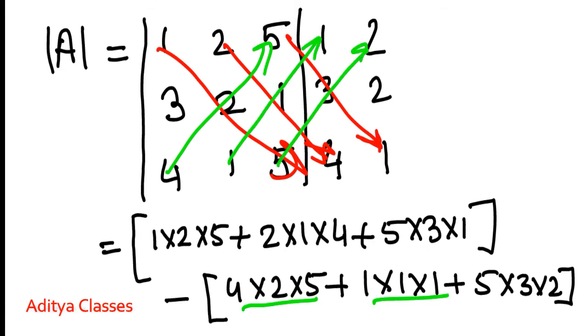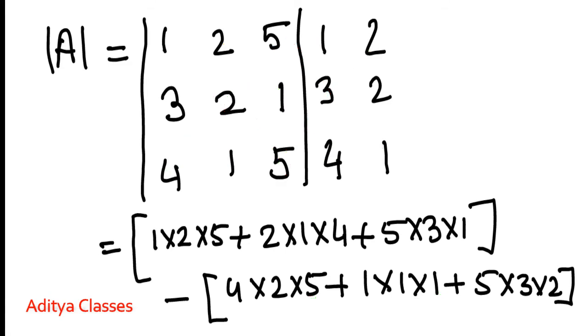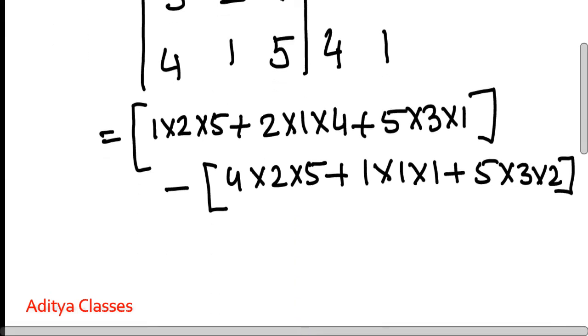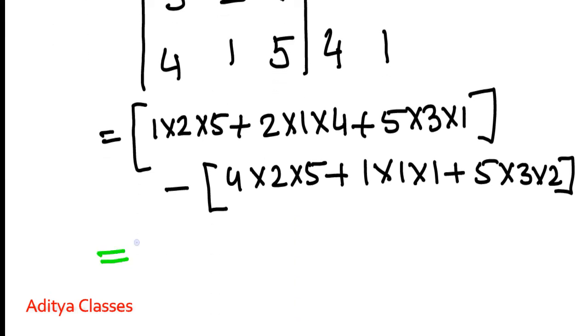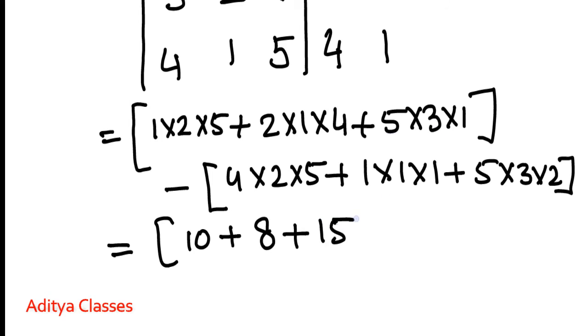Done? So what we have done is we have multiplied all the leading diagonals, 3 leading diagonals: 1, 2, 5, 2, 1, 4, 5, 3, 1. Then we multiplied all the trailing diagonals, that is 4, 2, 5, then 1, 1, 1, and then 5, 3, 2.